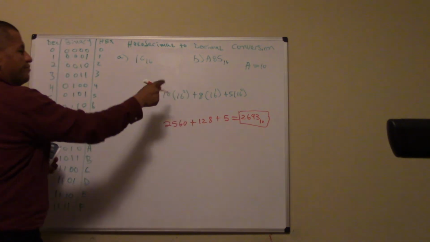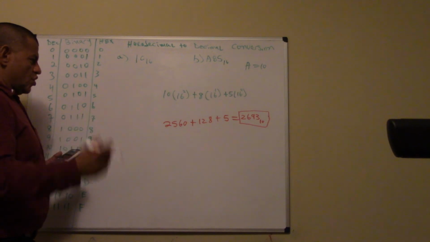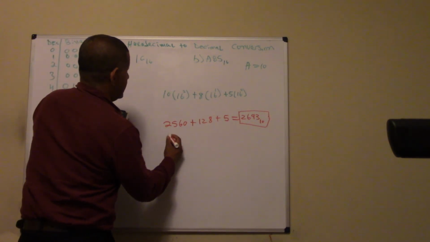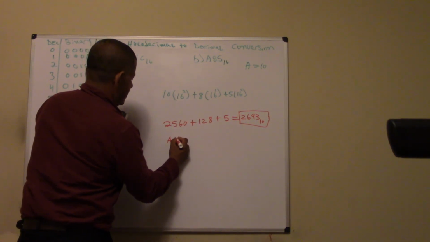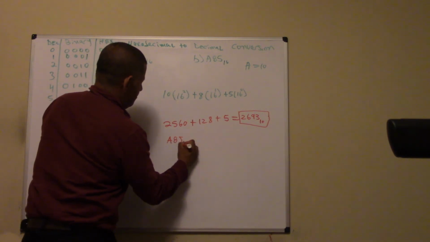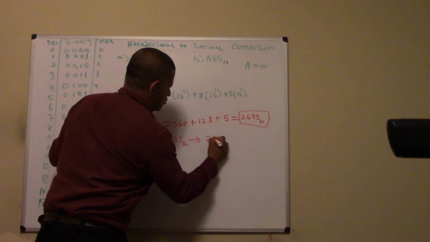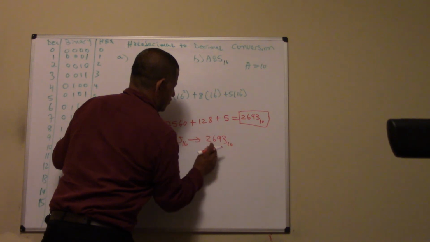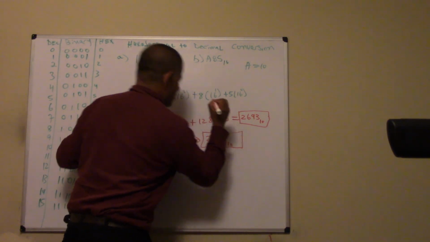Alright, so I like this method better, but again, whatever works for you, just go for it, right? So here we found, using the second method, A5 base 16 corresponds to 2693 base 10, right?